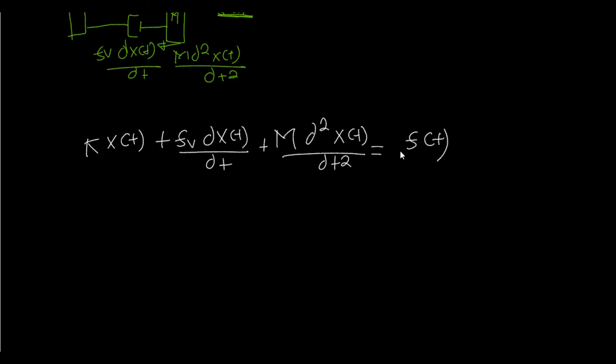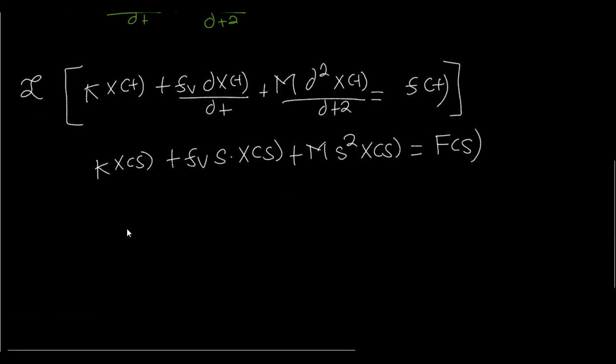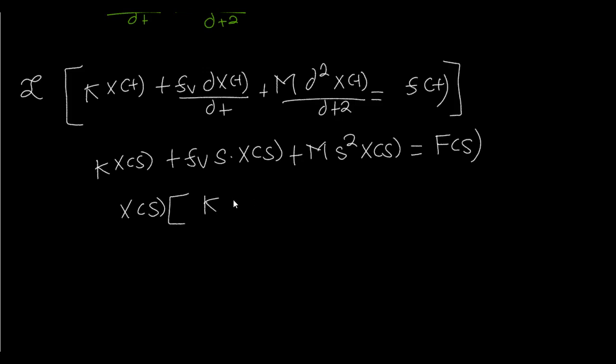Okay? So, after that, take natin yung Laplace transform: Kx of s plus Fv s times x of s plus m s squared x of s equals F of s. And yung transfer function natin is X of s over F of s. So, factor out natin si X of s: (m s squared plus s Fv plus K) times X of s equals F of s.